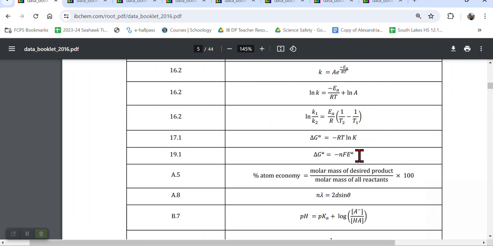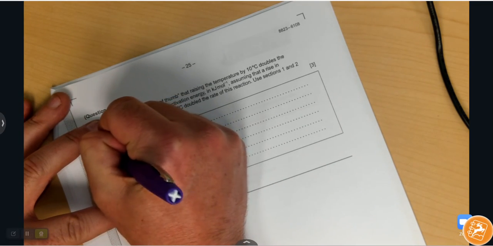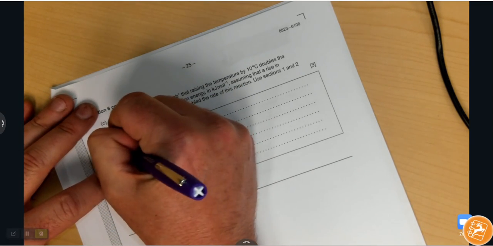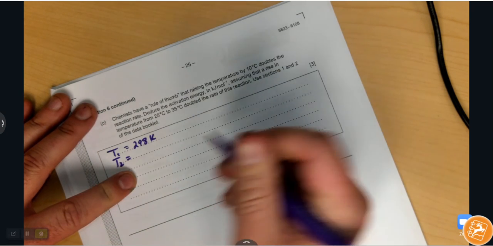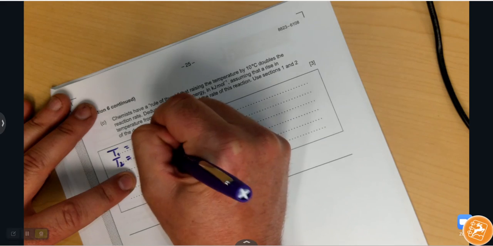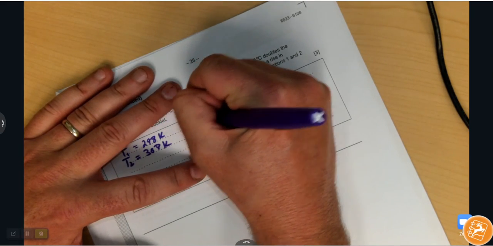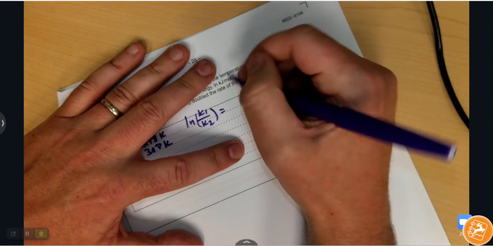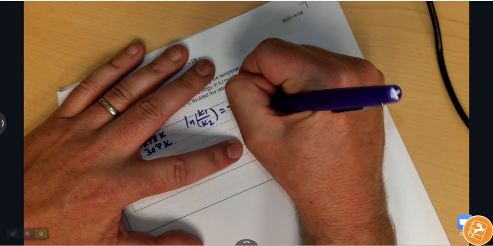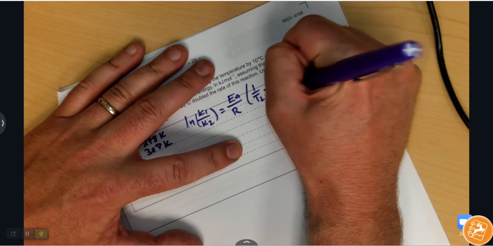So when we use this equation, or any equation that involves R, we have to convert the temperatures into Kelvin. So the initial temperature, I'll call T1, was 25, which is 298 Kelvin, which makes T2, 10 degrees higher, 308 Kelvin. So the equation we use is the natural log of K1 over K2 equals Ea over R times 1 over T2 minus 1 over T1.